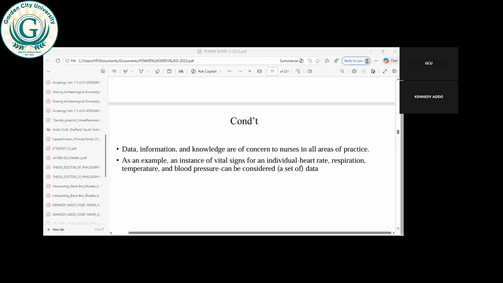Please, those of you who have kept quiet, are you getting what she's trying to say? Are you getting it? Yes, sir. Now, the issue is that once you have weight and height as your means of getting your BMI, and you are able to contextualize or give meaning to those data elements, that is the height and the weight in the calculation of your BMI, that is just information because it's giving you some relevance.